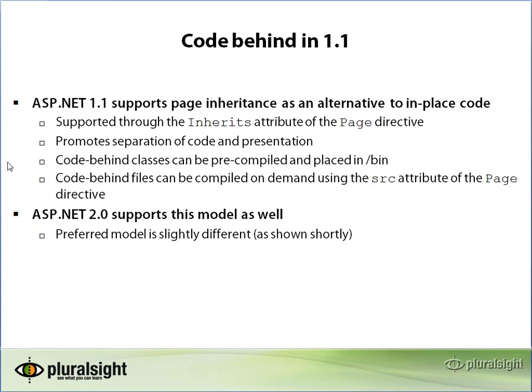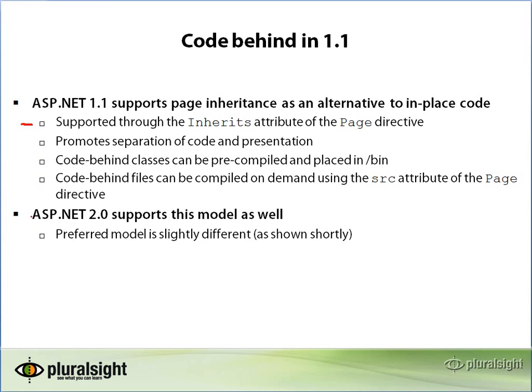So what I'd like to do is start by showing you the 1.1 version of Code Behind, which, as you'll see, is very similar to the 2.0 version. But even though you may not use this style of Code Behind directly, there's a good chance you'll encounter it in your ASP.NET development. So it's good to be aware of how it works and what the various attributes mean.